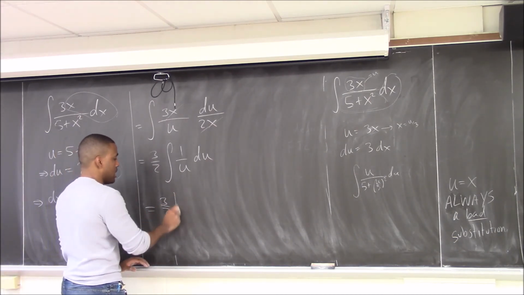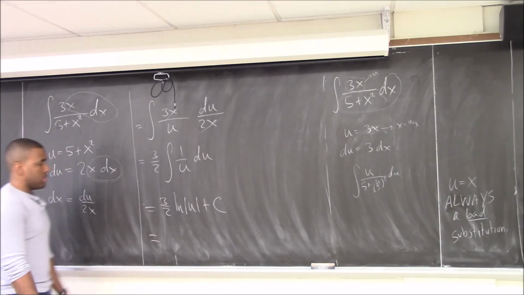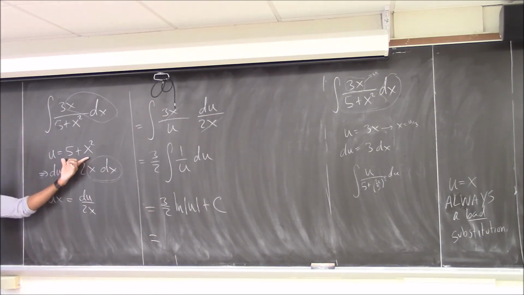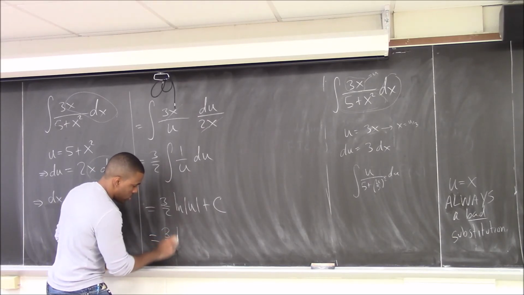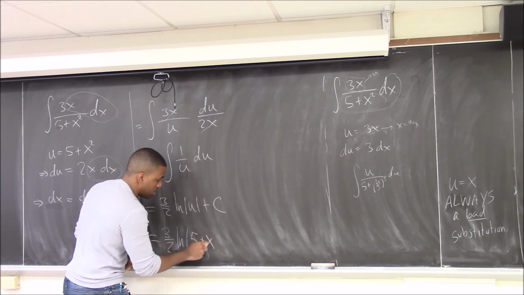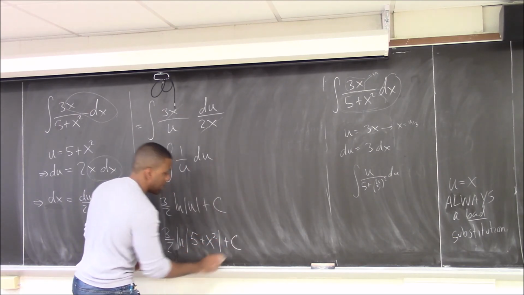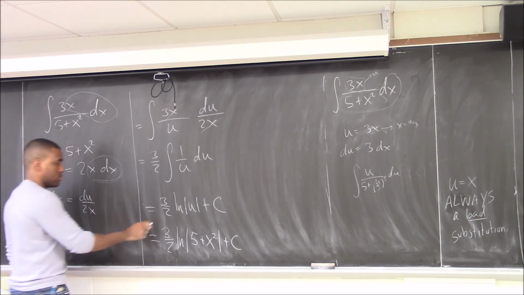So that's just your ln of u. And then I replace the u with what I substituted in the first place. So it's 3 over 2 ln of 5 plus x squared.